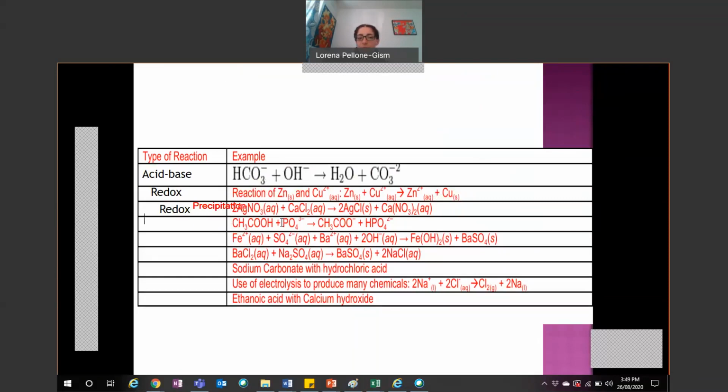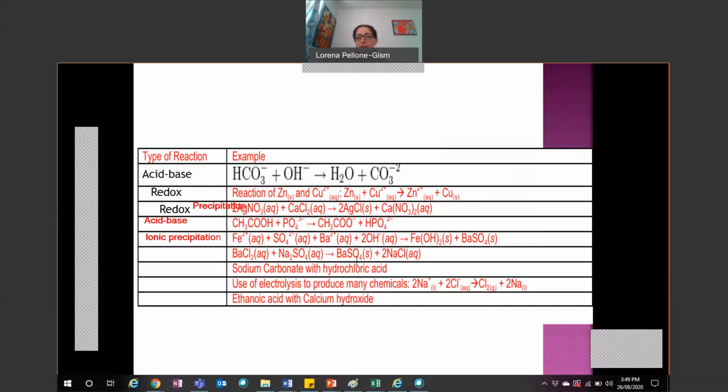The next one, you can see the transfer of a hydrogen ion, so it's actually acid base. The next one, you can see you're forming precipitates, so it's a precipitation, but it's actually the ionic equation because you've separated the cation and the anion. So ionic precipitation.